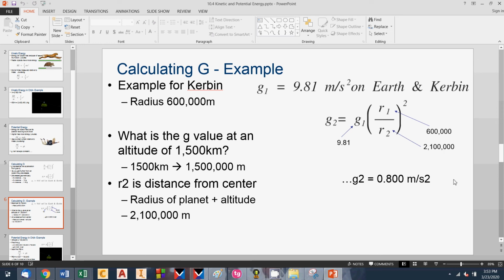So 600,000 over 2.1 million, we'll find that number, we square it, and then we'll multiply it times 9.81. And what we find is the gravity that far from the planet is actually only 0.8 meters per second squared. It's less than 1/10 the gravity at the surface. Gravity actually drops off pretty fast as you move away from things.